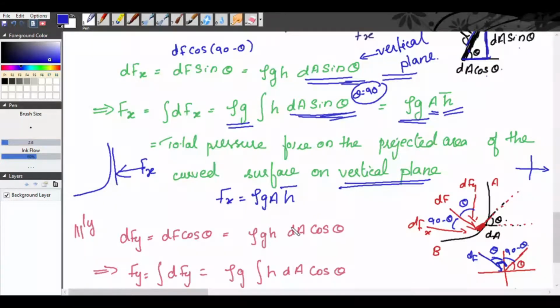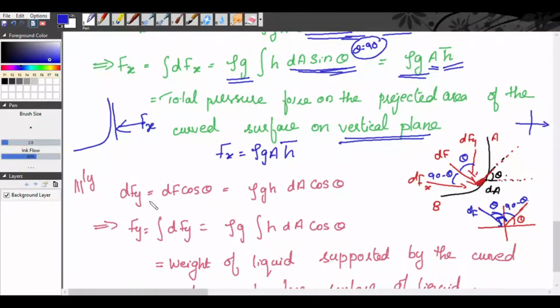Now similarly, our dFy will be equal to dF cos theta, because this is dF sin (90 minus theta). So it is dF cos theta. We get rho g h into dA cos theta. Okay, so what is dA cos theta?